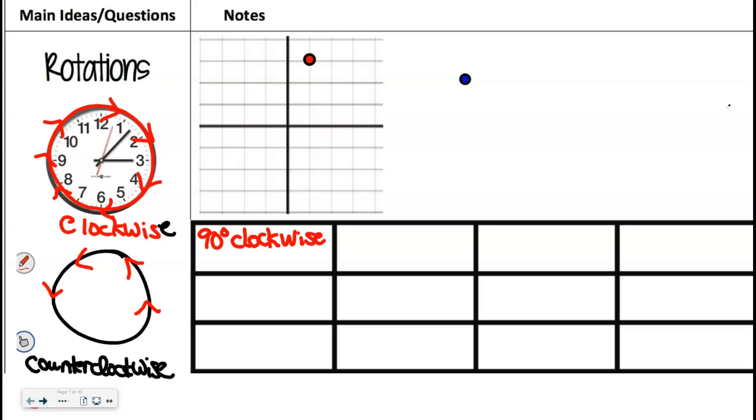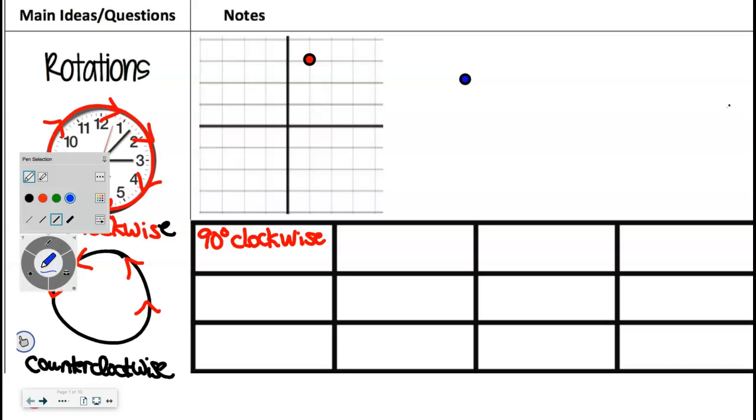But that's actually going to be the same as another one. So I'm going to change colors here. 90 degrees with the clock. If you go ahead and look up at the clock. If you're up at 12, and you go 90 degrees with the clock, you would land at 3, correct? Another way to get there is to go counterclockwise. So start at 12 and pull it all the way around back to 3, correct?